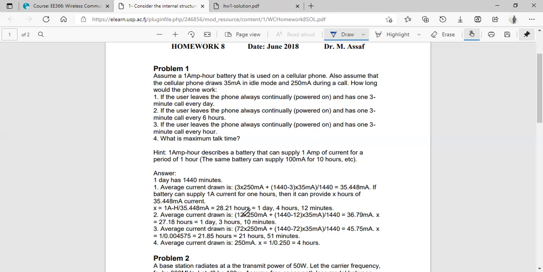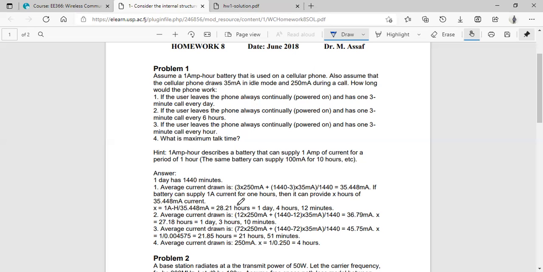So again, finding the average current required for this particular use, it is given by 72 minutes multiplied by 250 milliamps. So 72 minutes is the total call time multiplied by 250 milliamps. That is the amount of current needed for the calls, plus the remaining minutes in that particular day.